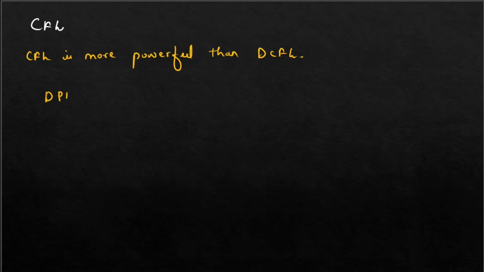CFL is more powerful than DCFL. DPDA is like Q into Γ, and this Γ is not actually T, it's a different symbol.